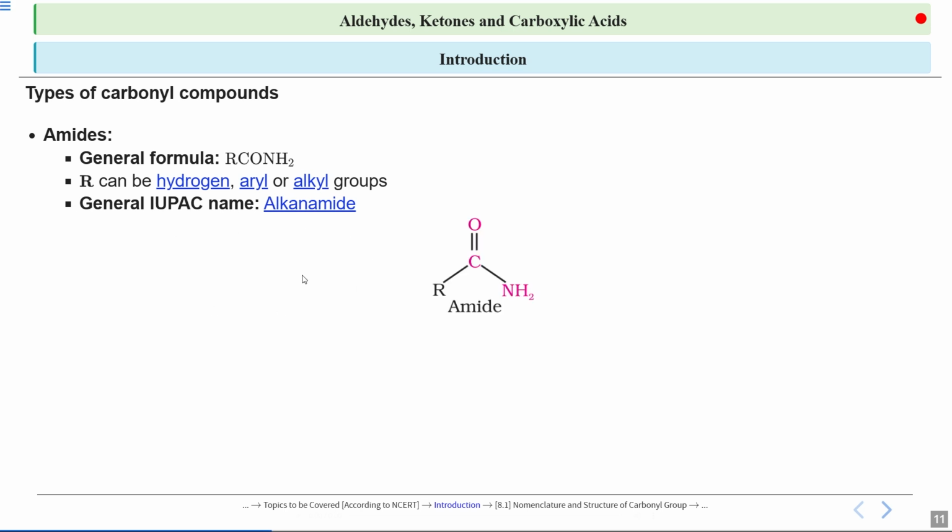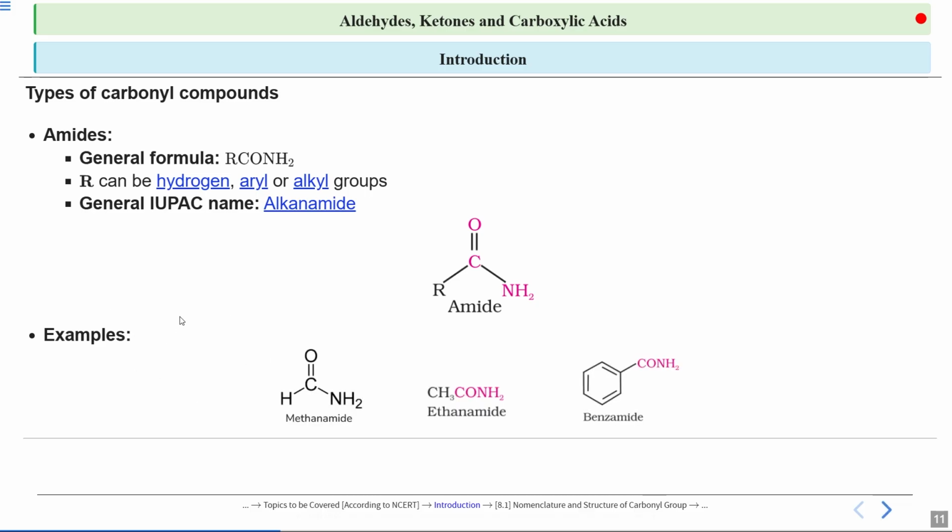So this is how amides look like. This is C double bond O. One side you have an R group and the other side you have this NH2 group. Now let us see some examples of amide. Over here, this is methanamide. This is C double bond O. One side you have hydrogen, the other side you have an NH2 group. Similarly, this is ethanamide.